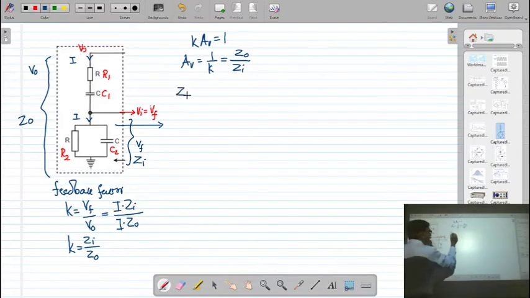Here, you can see in the network, Zi is a parallel combination of resistance and capacitor.